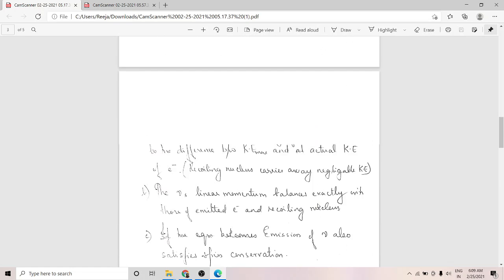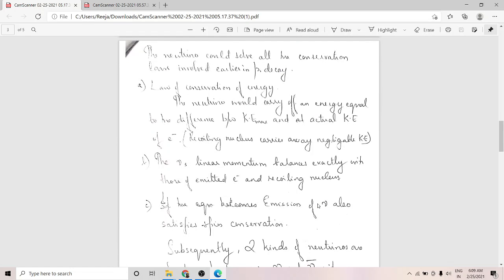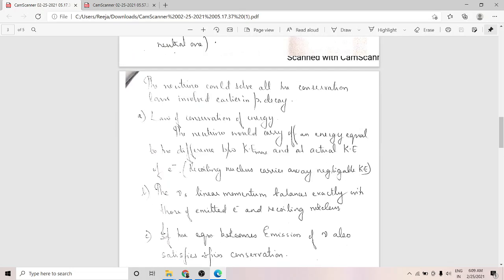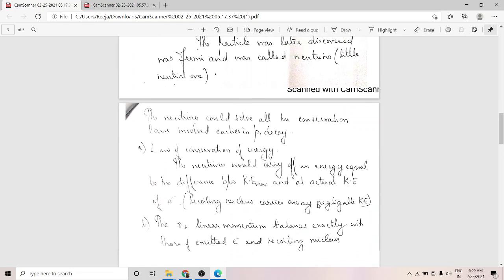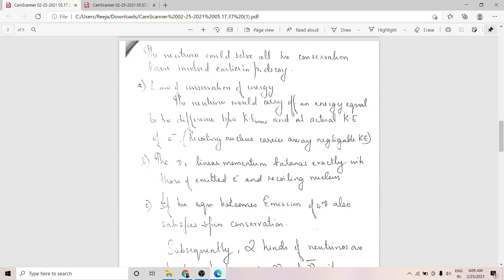Next, how is the law of conservation of spin satisfied? Spin conserved means that together with the proton and electron, a spin half particle is also emitted. So this neutrino is of two types, neutrino and antineutrino.